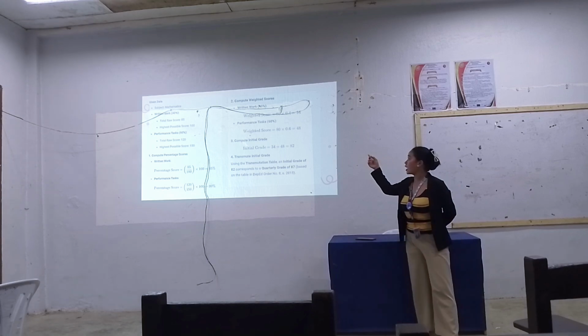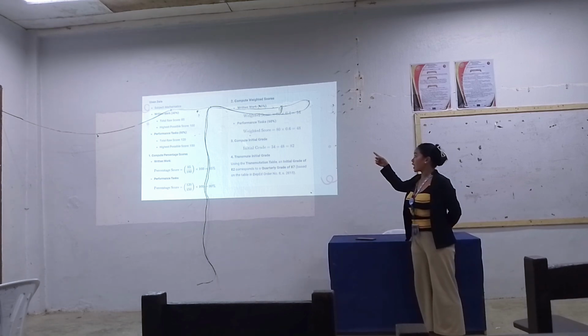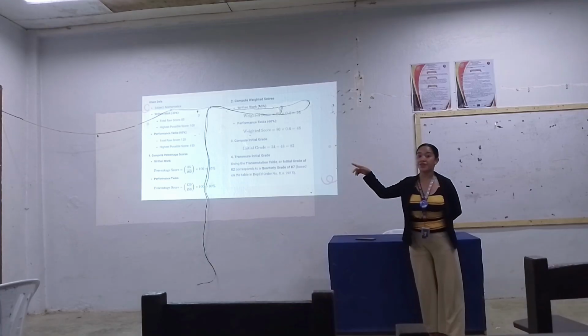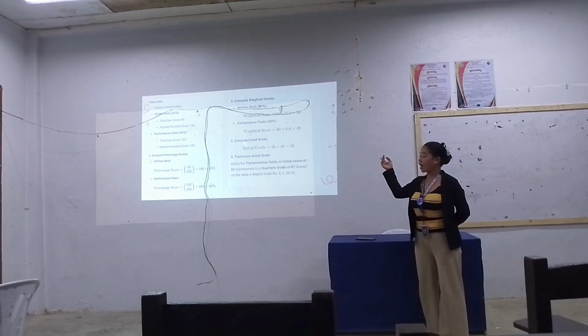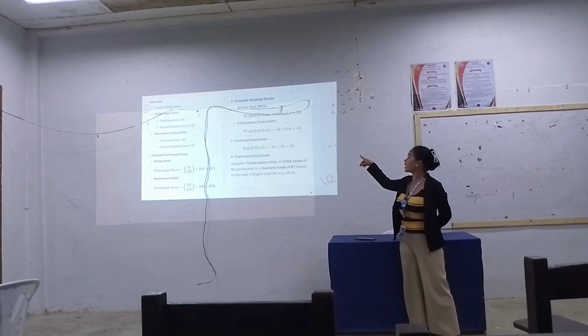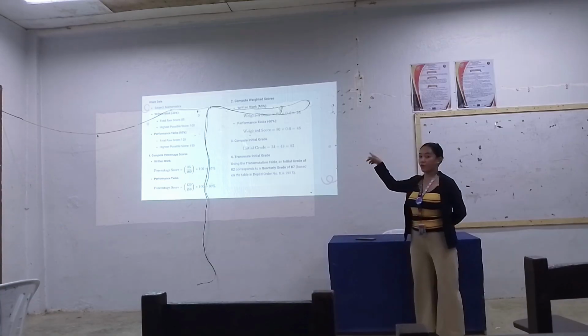To get the decimal number of 40%, divide it by 100, which is 0.4. So 85 times 0.4 equals 34, the weighted score for written work. Then performance task is 60%, and the student got 80. To get the decimal number of 60%, the same as written work, divide 60% by 100, which equals 0.6. Then 80 times 0.6 is 48.